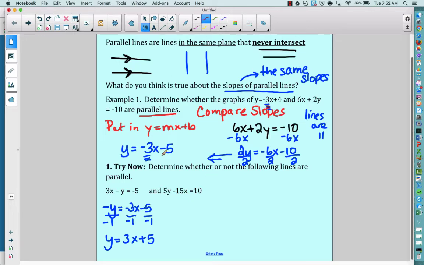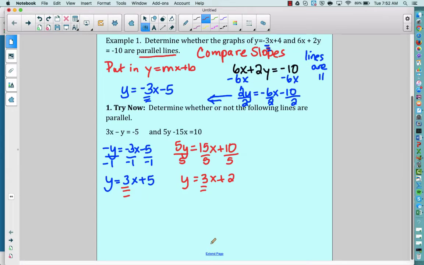I get 5y equals, adding the 15x to the other side, 15x plus 10. Divide all the terms by 5, and I get y equals 3x plus 2. In this case, I compare the slopes. The slopes are both 3, so the lines are parallel.